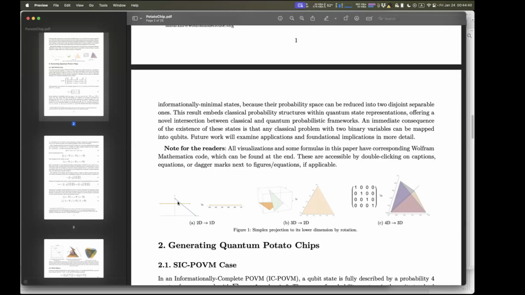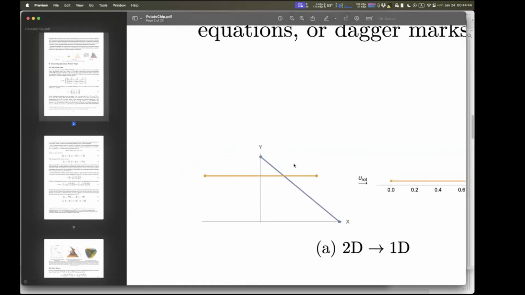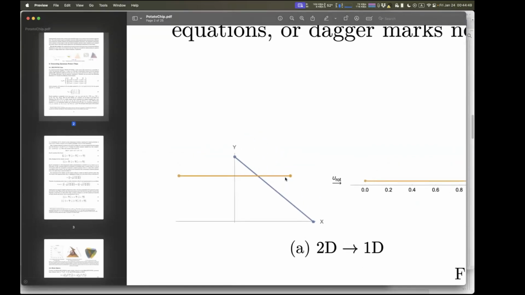You know the one-dimensional probability space, this is a very small picture, but it's basically a one-dimensional line that can represent a one-dimensional probability distribution, which is just a coin. So you can have a biased coin, and every biased coin is located somewhere on this line. Exactly in the middle is a fair coin, which is 50% tails, 50% heads, right?